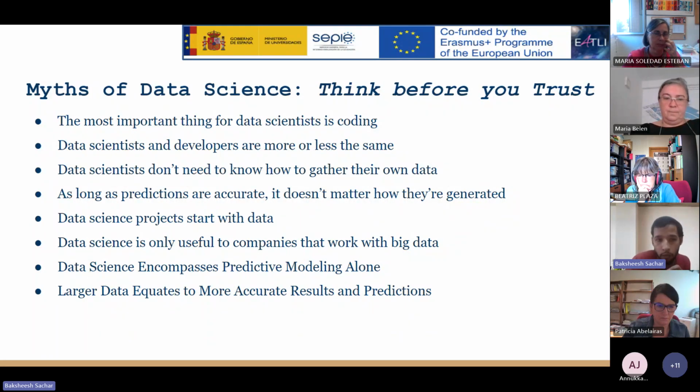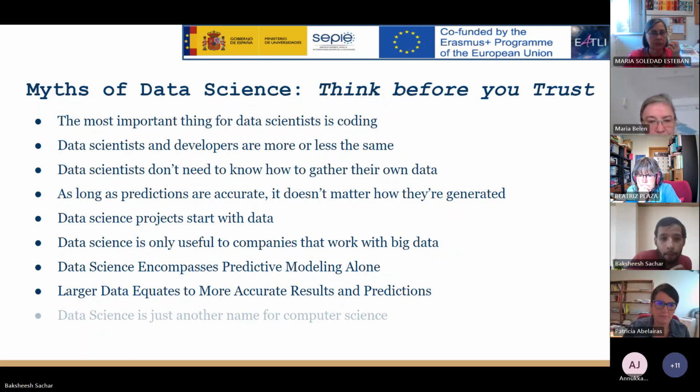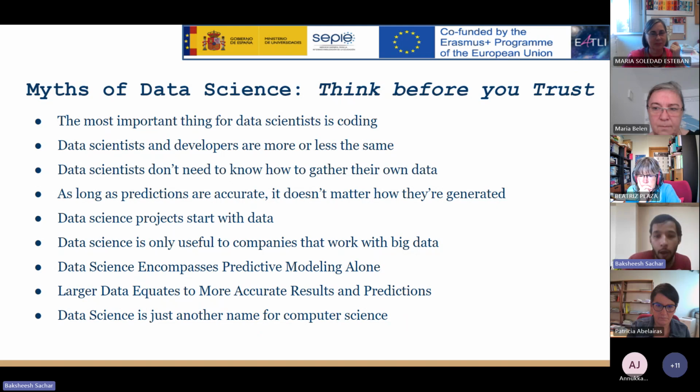Moving on, we'll show some of the criteria of good quality data as well. Another myth is that data science is just another name for computer science. No. Data science has a lot to learn from the computer science domain, but it's not the same. Both are different fields, and we should not equate the two.